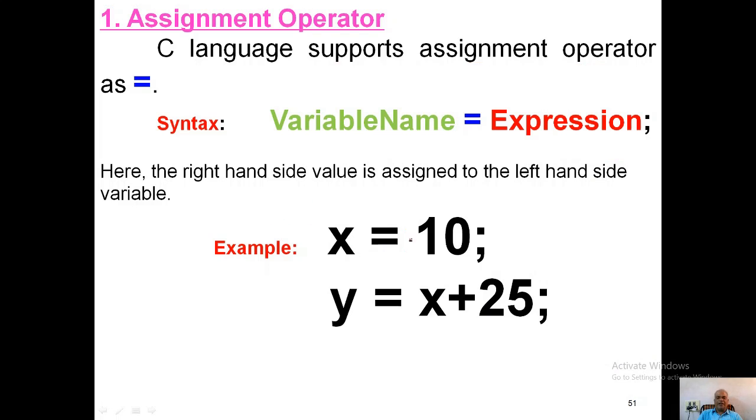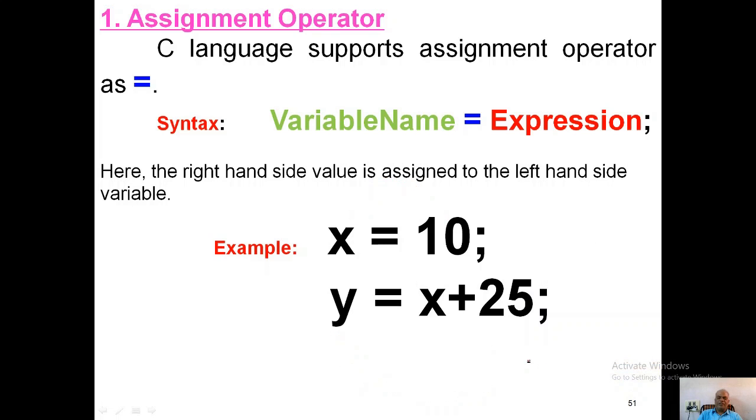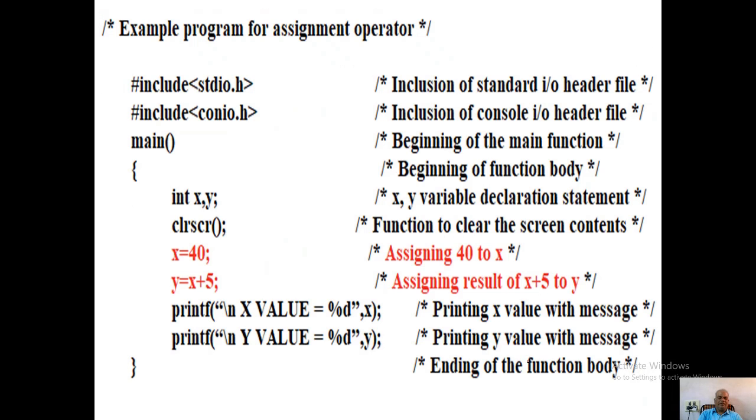Always the right hand side value is assigned to the left hand side. For example, here this is going to be assigned to this. That is the assignment operator. Equal to is the assignment operator. I hope all is clear. For example, let's look at this program. It is a simple C program. Here look at stdio.h, conio.h.